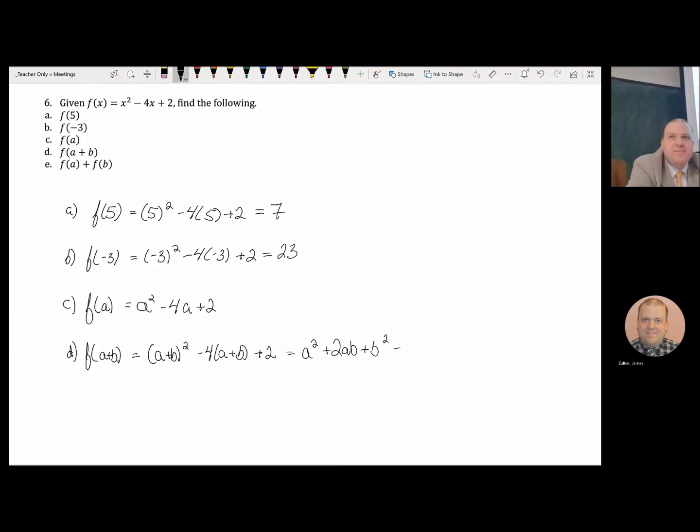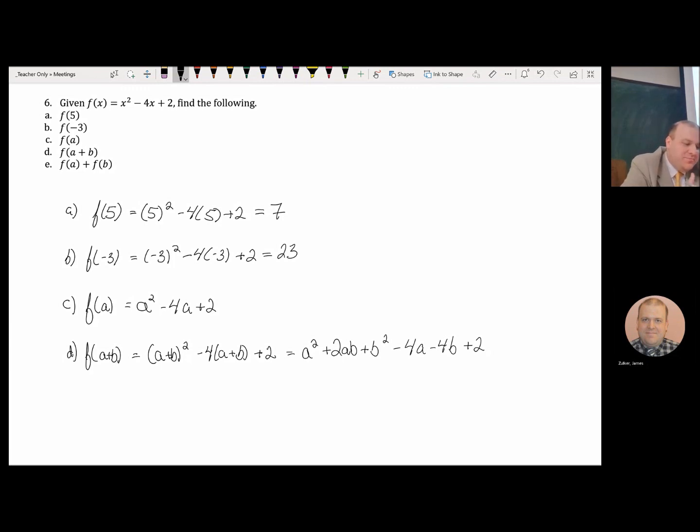Distribute that 4 through, right? Actually, it's distribute a -4 through. Now, believe it or not, that is simplified, right? There's no common terms. There's only one a squared, there's only one ab, there's only one b squared, there's only one a, there's only one b, and there's only one constant.